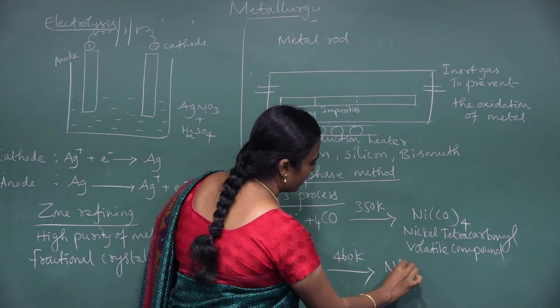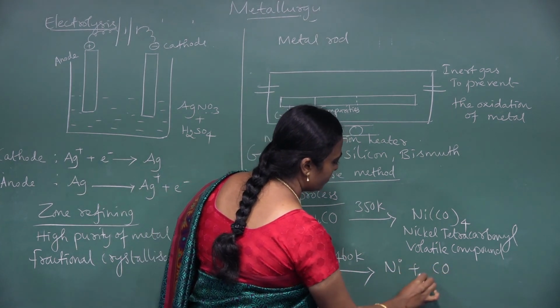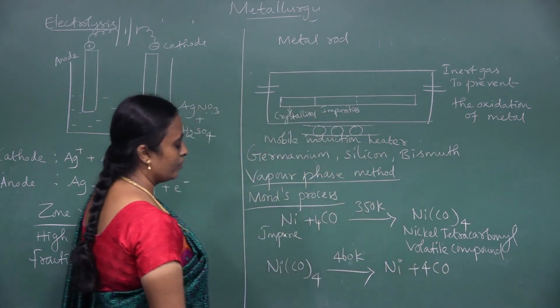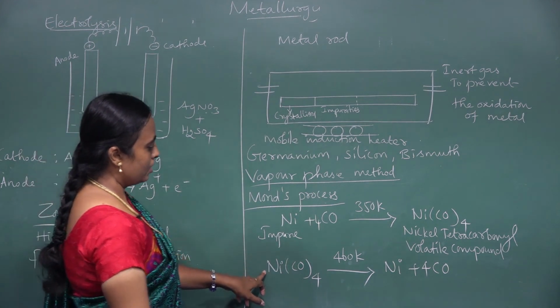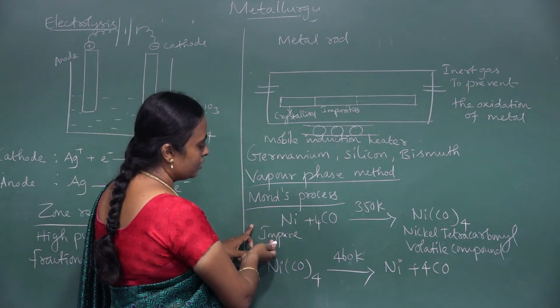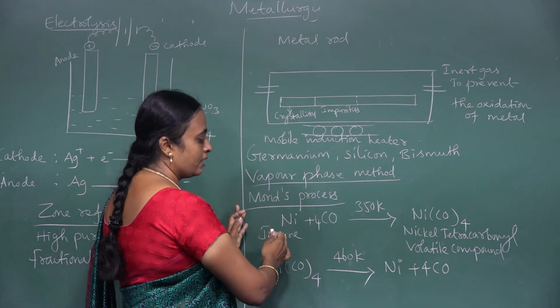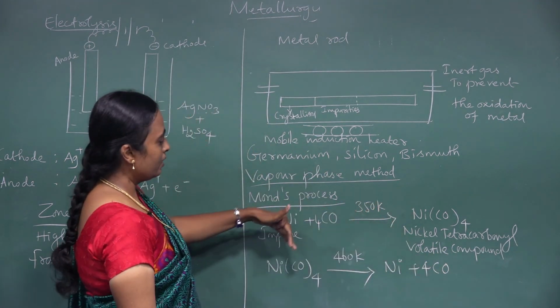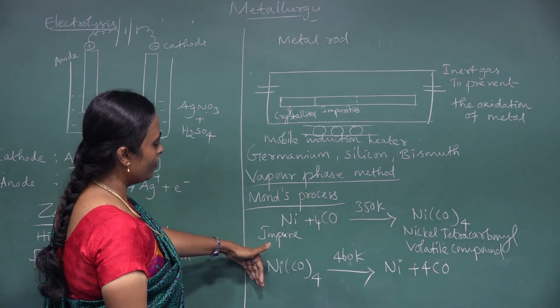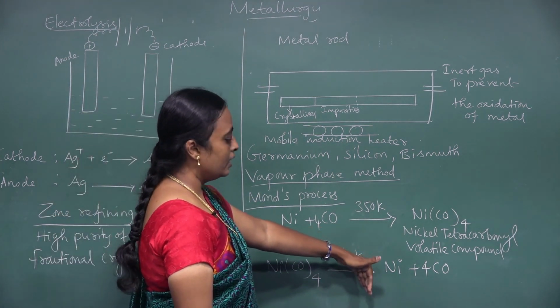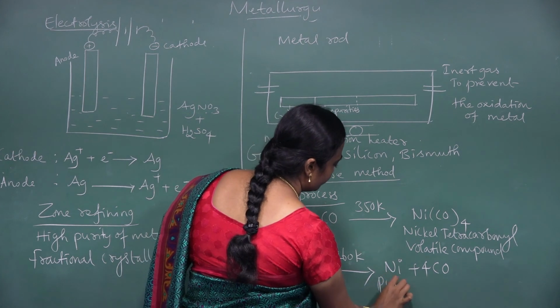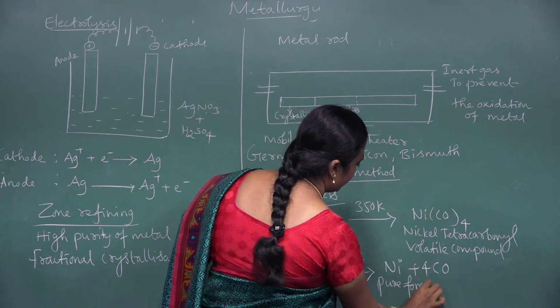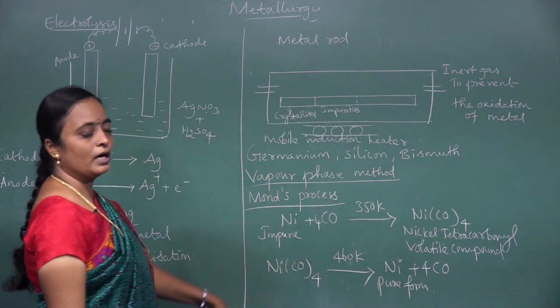There will be separation of nickel plus 4 CO. So here I take the impure form of nickel, convert it into a volatile compound, and from the decomposition of the volatile compound, you get nickel in the pure form.